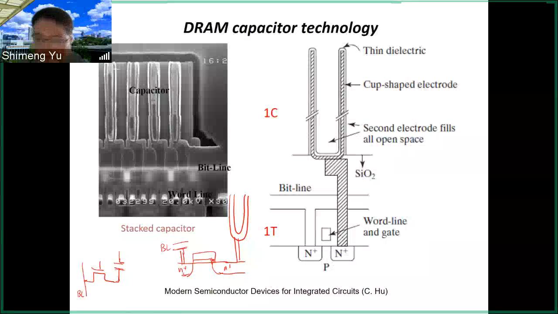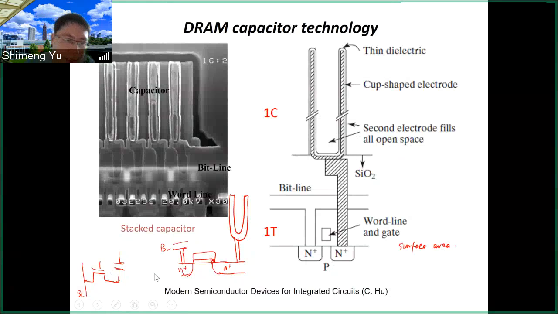The reason is we need to increase the surface area of the plate capacitor.